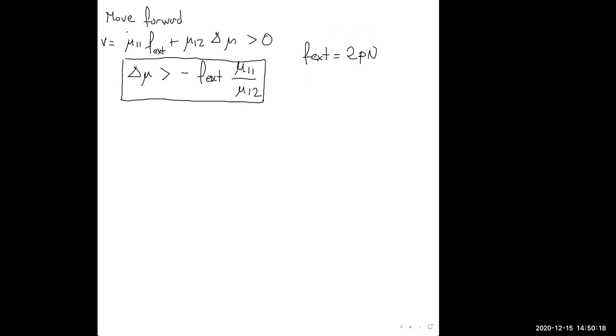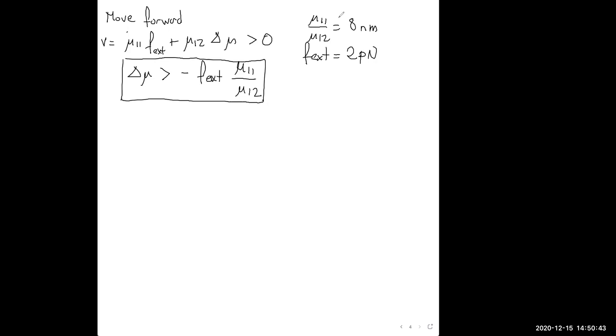I can write, for example, mu11 divided by mu12 could be, let's say, 8 nanometers. The ratio of the coefficients will have units of length. Force times length is energy.